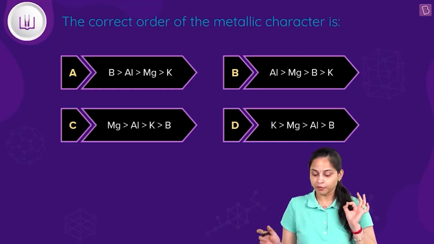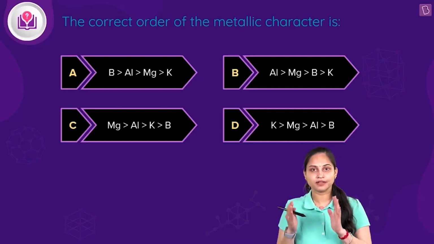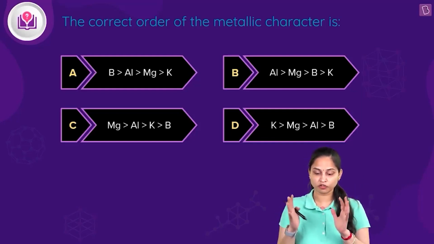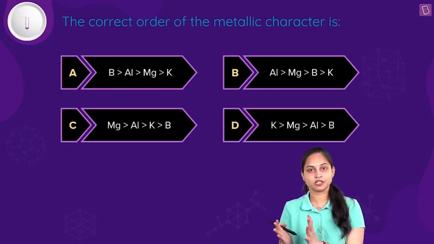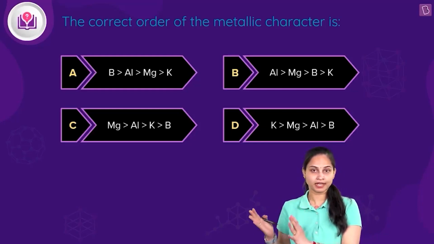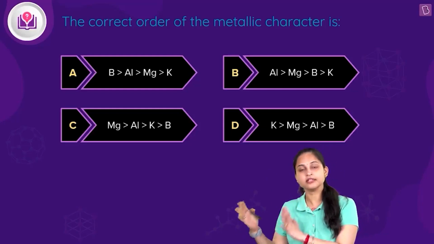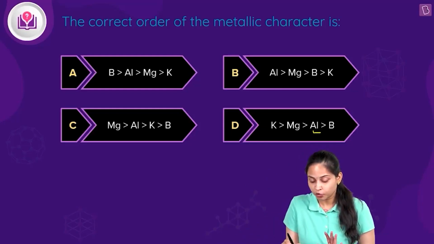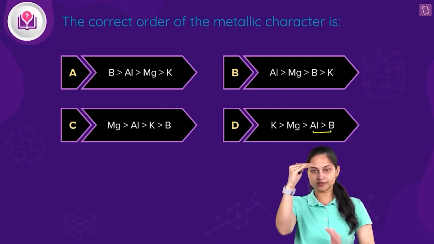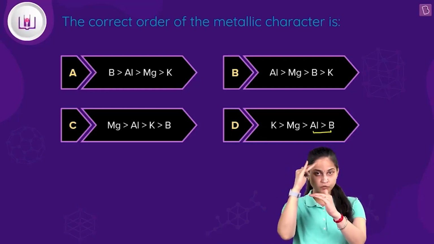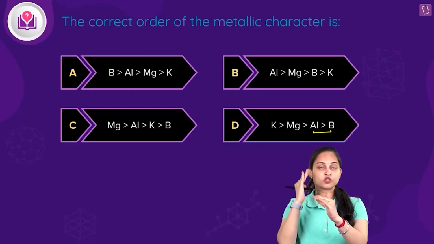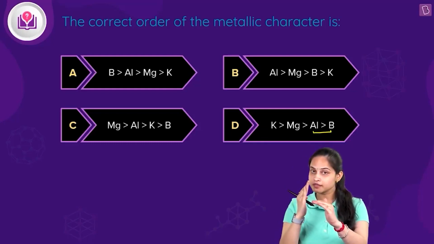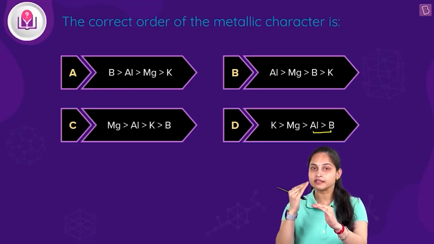Which means that potassium, being the alkali metal, has a high amount of metallic character. Then comes magnesium, belonging to the alkaline earth metals. Then comes the 13th group, aluminium and boron. For the 13th group, first boron comes, then aluminium. When we are moving down the group, ionization energy is decreasing, which means electropositive character is increasing.